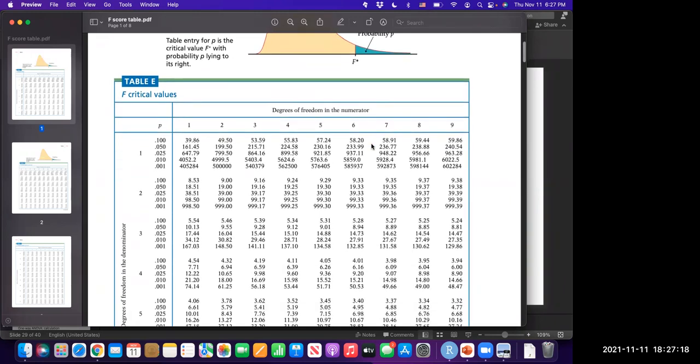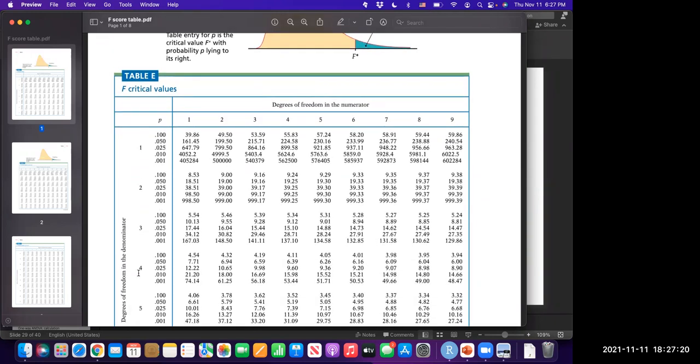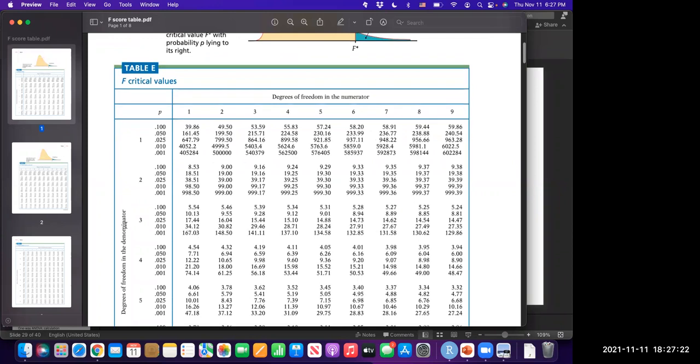So what you need for that is the degrees of freedom in the denominator, which are your within-group samples. And then you have the degrees of freedom in the numerator, which are your groups, but groups minus 1, because it's the degrees of freedom, right?